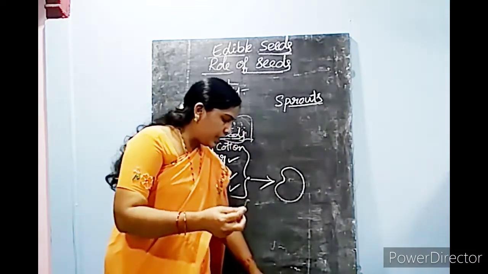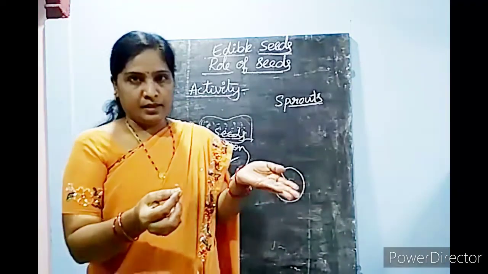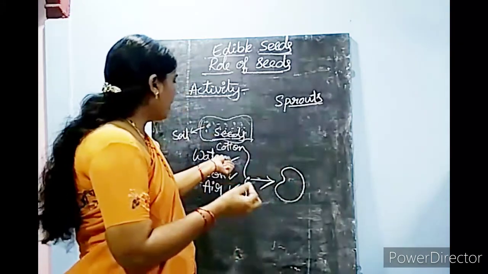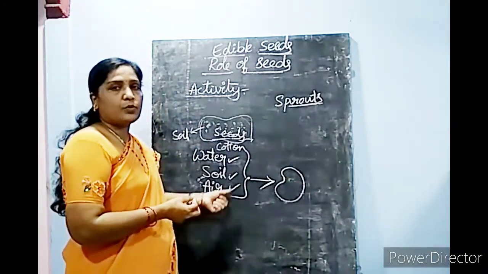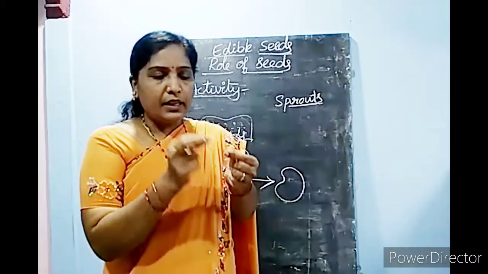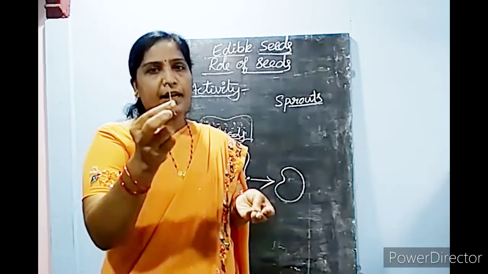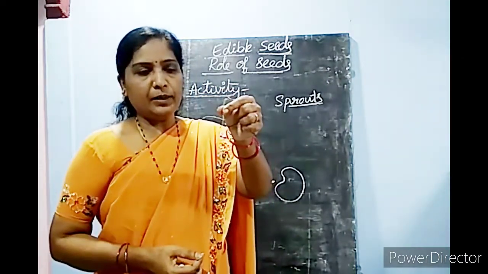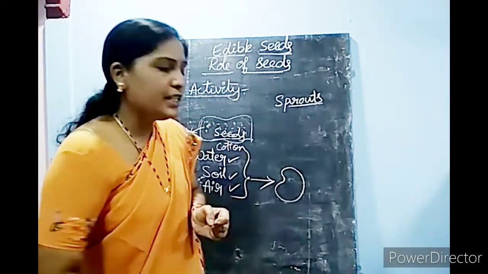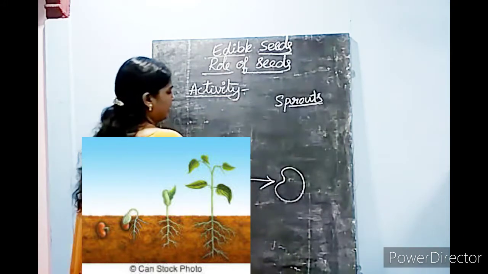When you sow this seed in soil, this seed is using all these materials, whatever you are giving, and from this seed, this baby plant arises. All of a sudden, directly the baby plant will not come. There are different stages. So those stages we'll see, how and when this baby plant arises.